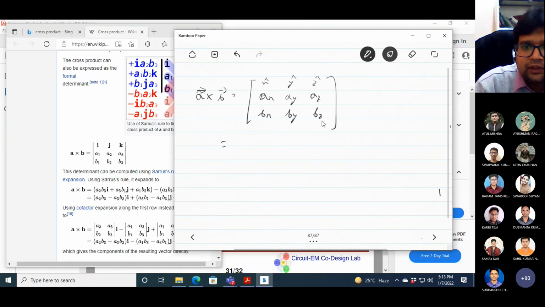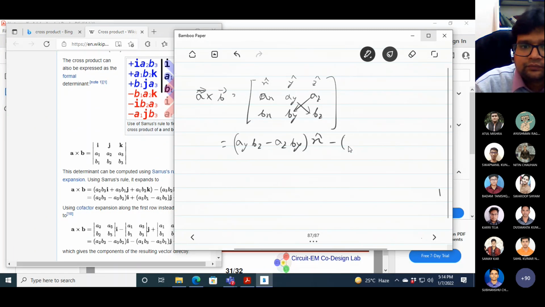So the x component is ay bz minus az by, into x cap. Then instead of plus we can write minus, it is a better way.